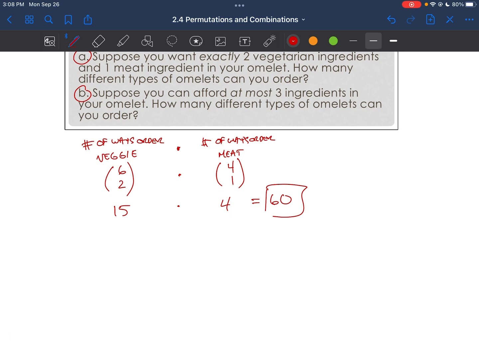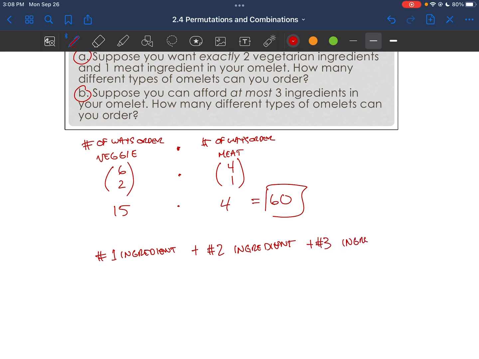So to count this up, I need to know, first of all, it says at most. So I could have a 1 ingredient omelet, and then I could also have a 2 ingredient omelet, and then I could also have a 3 ingredient omelet.